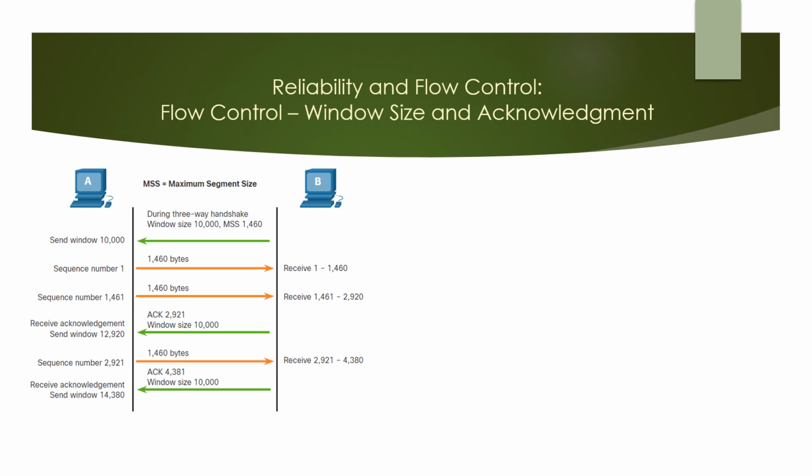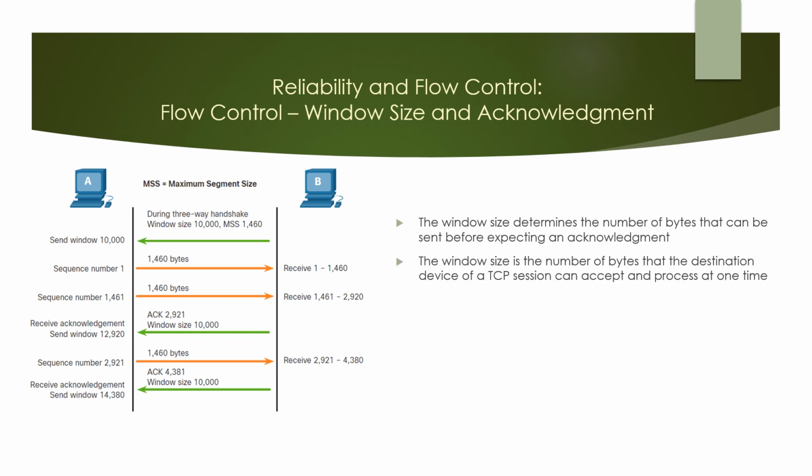The window size determines the number of bytes that can be sent before expecting an acknowledgement. The acknowledgement number is the number of the next expected byte. The window size is the number of bytes that the destination device of a TCP session can accept and process at one time.